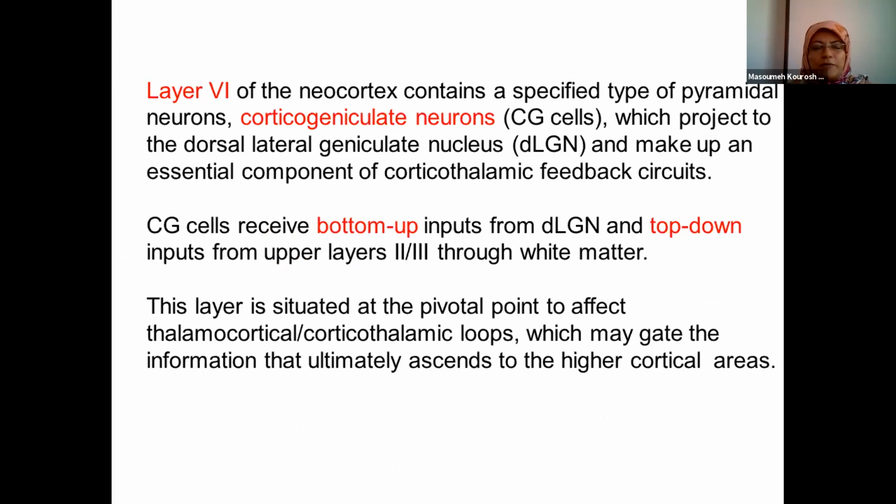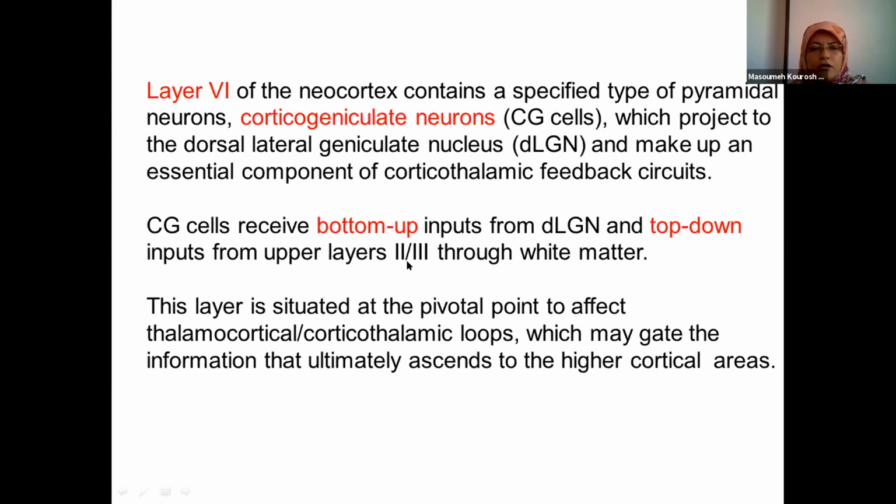Let me explain one of our studies on layer 6 of the visual cortex and a specified type of cells, corticogeniculate neurons, CG cells. CG cells receive two important inputs: from the LGN, the lateral geniculate nucleus, and from the upper layers, especially layers 2 and 3.